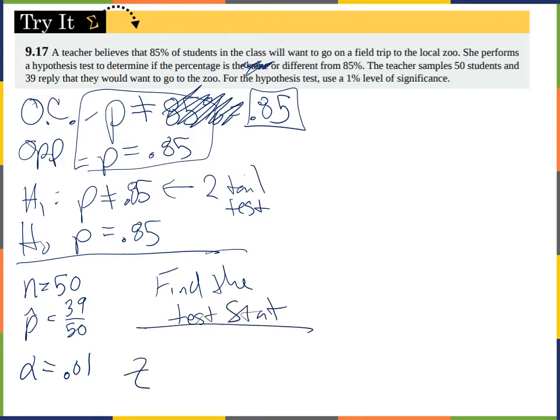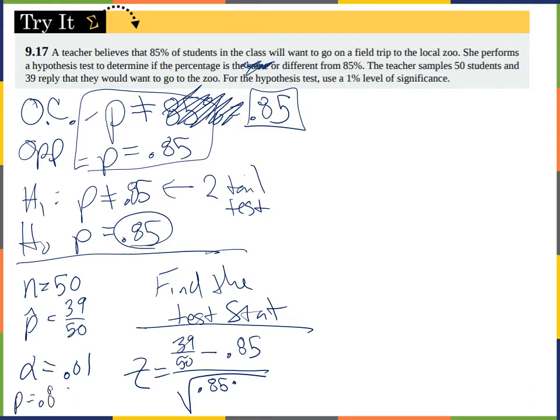So it's a z-score. It's p hat, which is 39 over 50, minus p, which is taken from H sub 0, 0.85, over the square root of p, 0.85, times q. Remember, q is the complement. So if p is 0.85, q is 0.15.